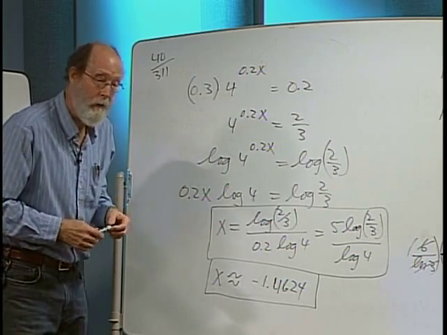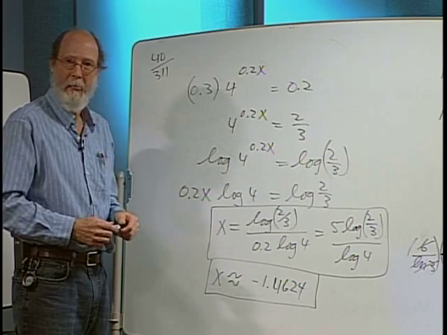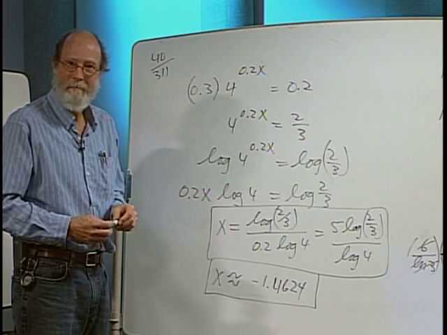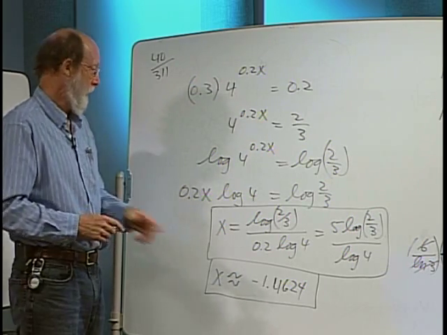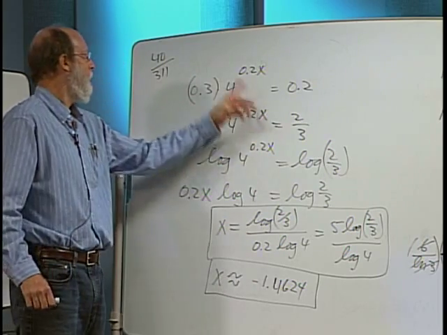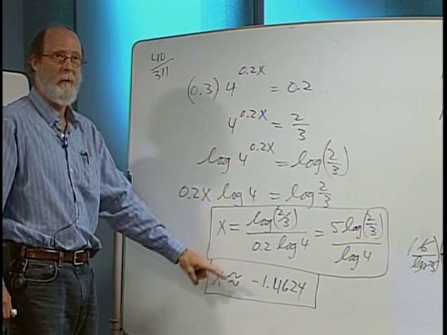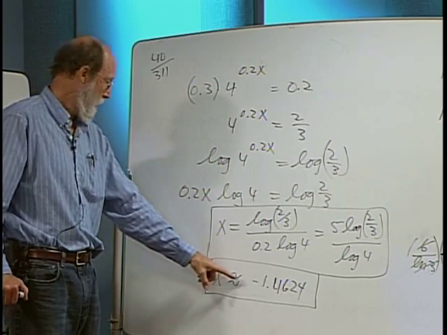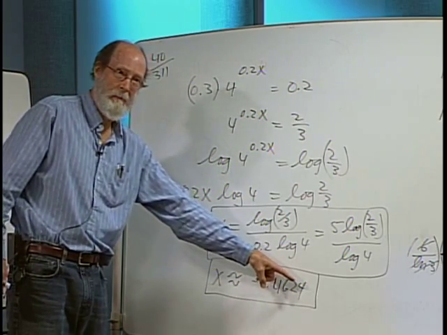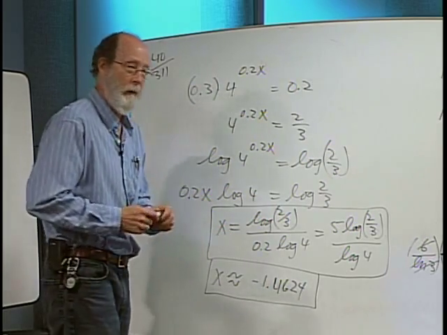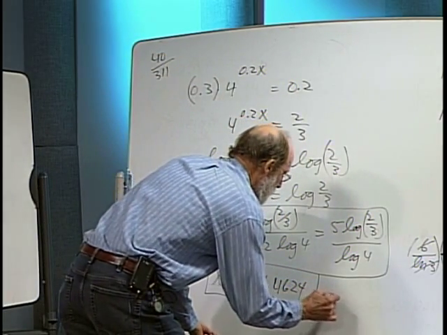How would we check this answer? Plug it in. Do what, Taylor? Use the trace and plug it in where? To the X value, back up in the very original question. In the very original question, we're going to take this answer and store it in a memory cell.